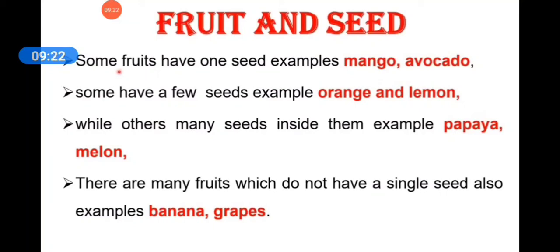Examples: mango, avocado. Some have a few seeds. Examples: orange, lemon. Others have many seeds inside them. Examples: papaya, melon, etc. There are many fruits which do not have a single seed. Examples: banana, grapes.